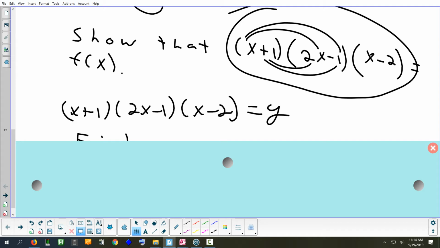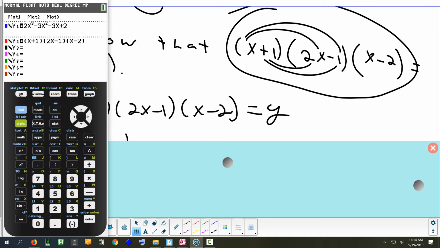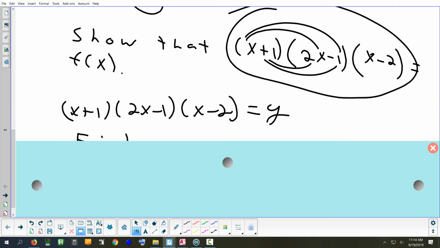Y equals all that stuff. It's exactly what I just typed in. Y equals, change the y to a 0. And if you change the y to a 0, that will tell you where it crosses the x-axis. It'll tell you when y is 0.